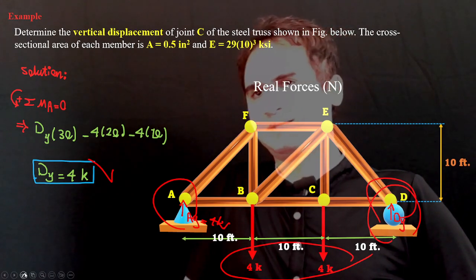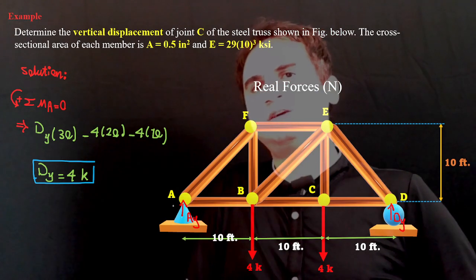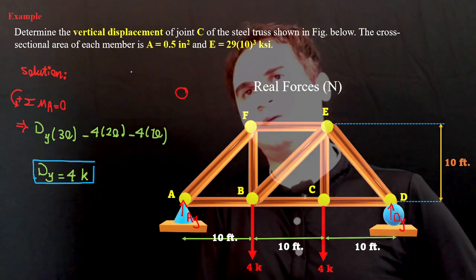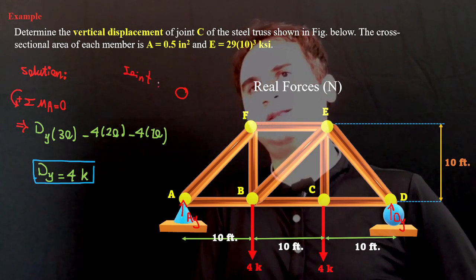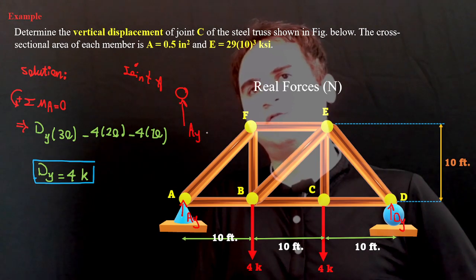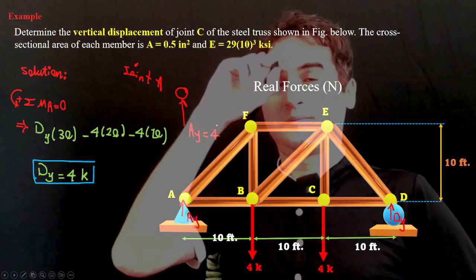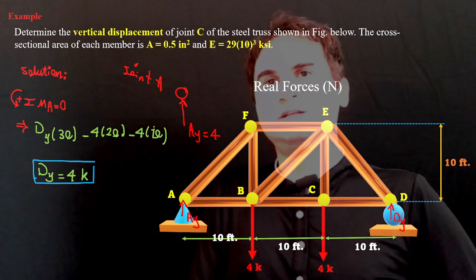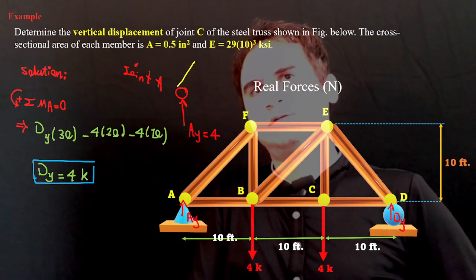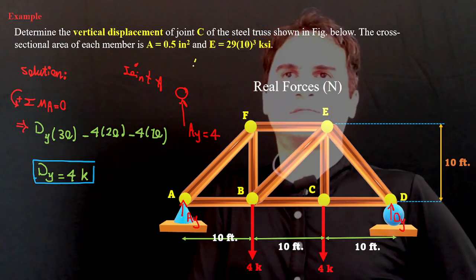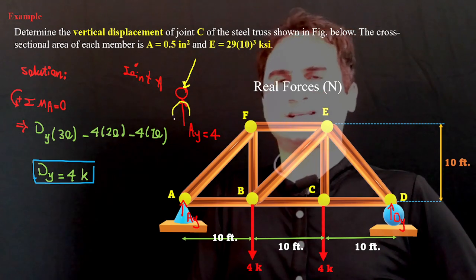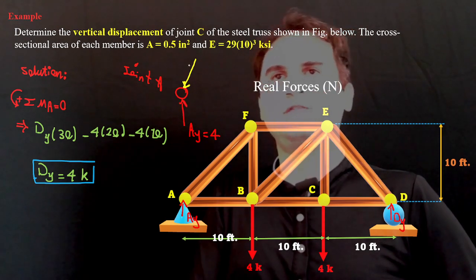Now let's look at the nature of joint A, for example. Let's make it a bit clean here. If we do have an AY of 4K applied here, definitely this force should be cancelled out by the effect of a downward push, which should cancel out this upward push of AY.